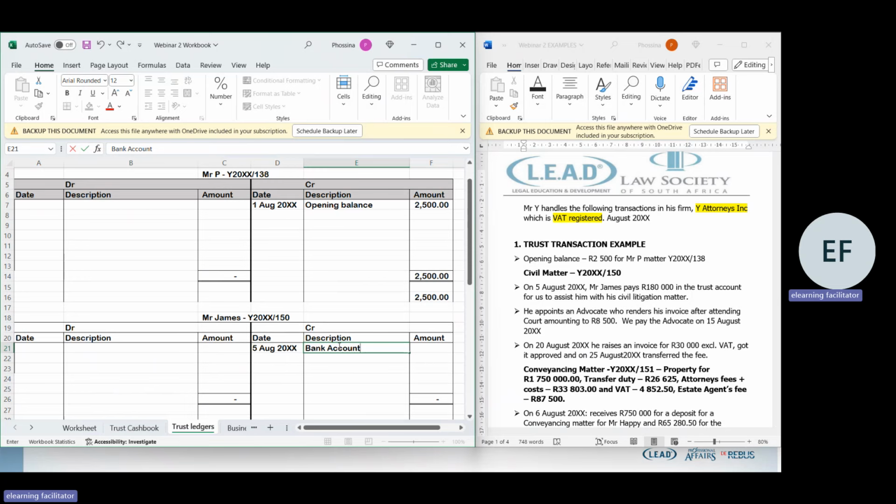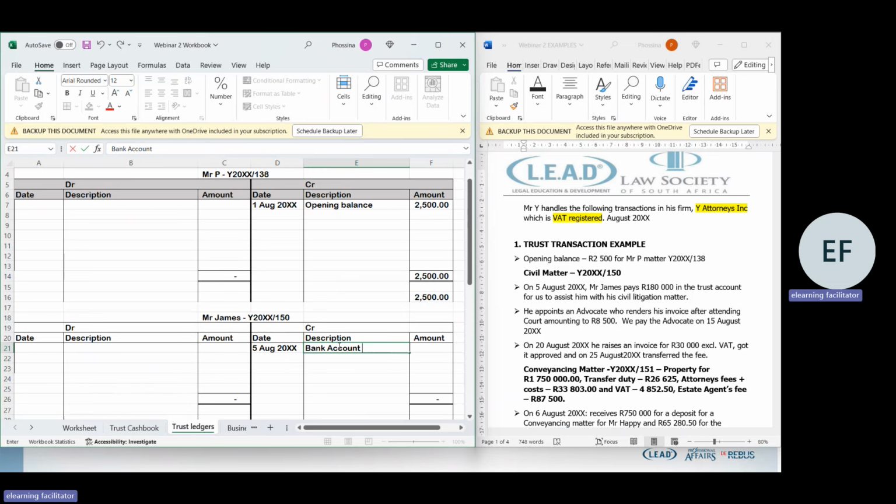It shows that we will go to the cash book on the 5th, and then we are able to record it. Hence, our description relates to the bank, so that when you are looking for this transaction, it is easier. And in this case, I am going to leave it with no further description. But say, for instance, if it was coming from a third party, then we would show that, okay, money came into the bank account, but it was deposited by Mr.